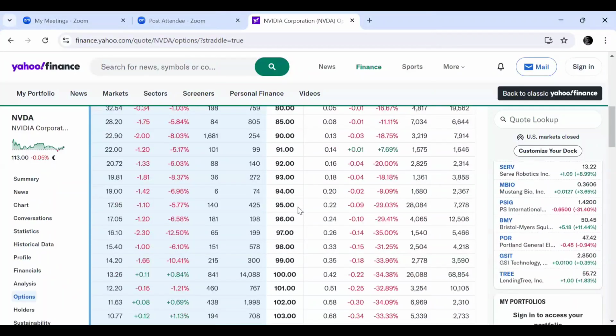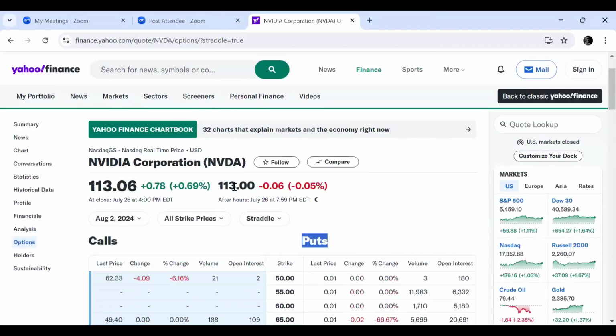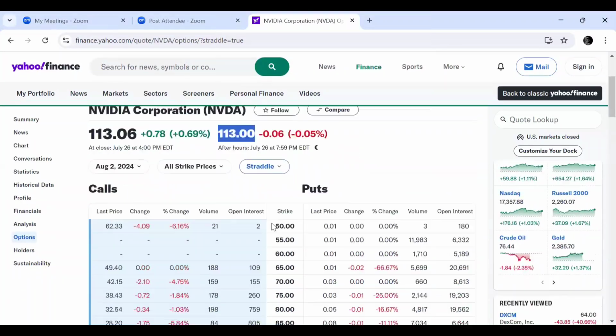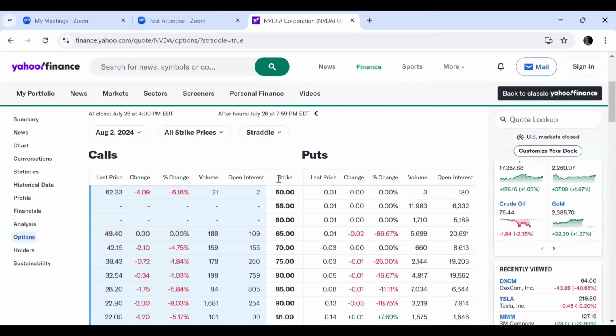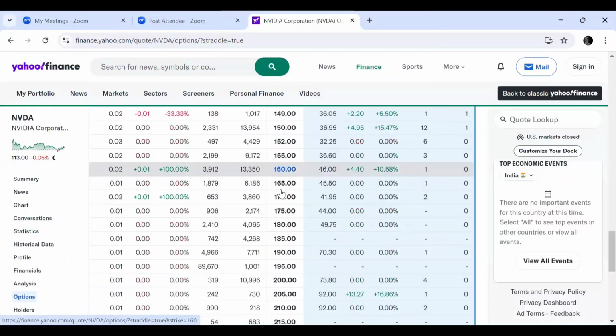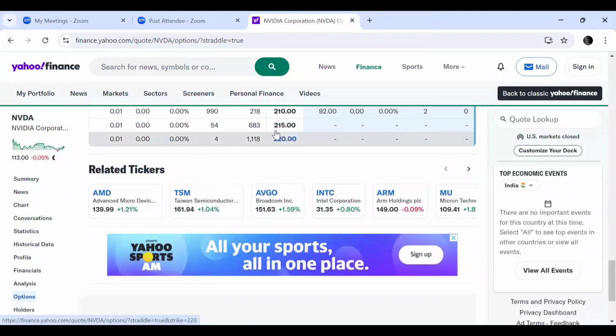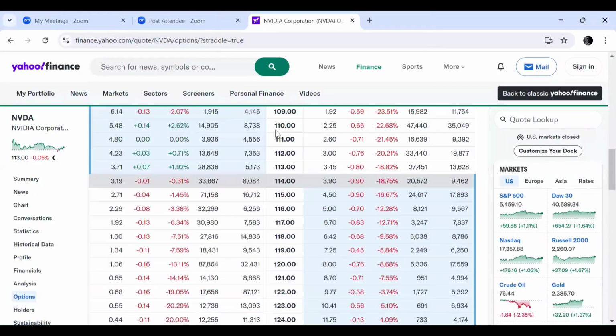As you can see, the current price of NVIDIA is $113. Here you can see the strike prices, from 50 to 220, and the current price of NVIDIA is $113.